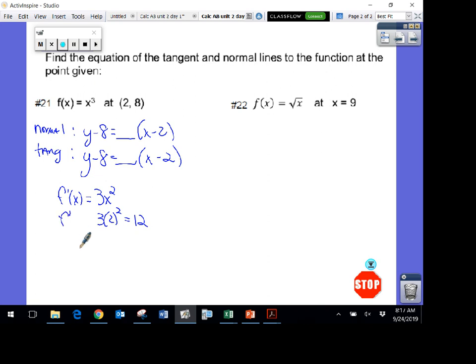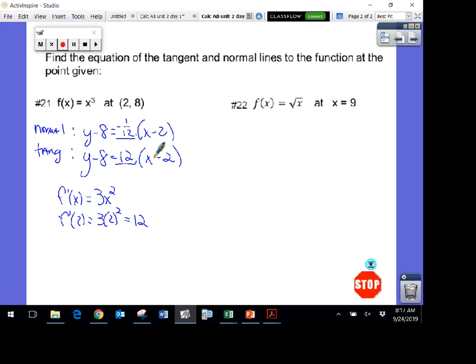That is f prime of 2. That is the slope of the tangent line at 2. So 12. The tangent line's slope is 12, the normal line's slope is the opposite reciprocal, negative 1/12. That's it.